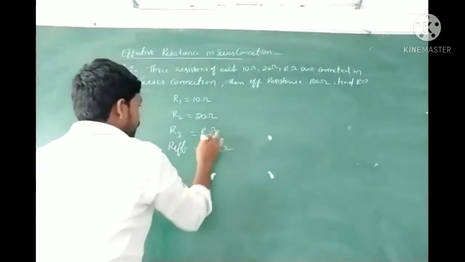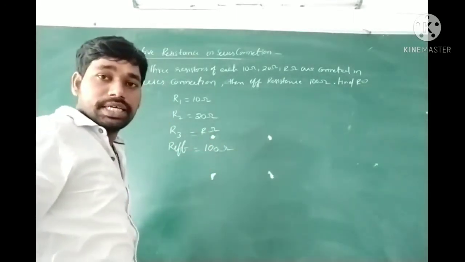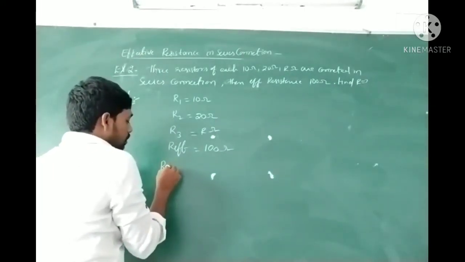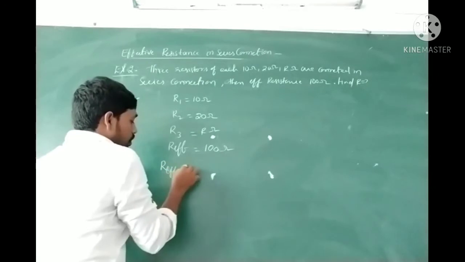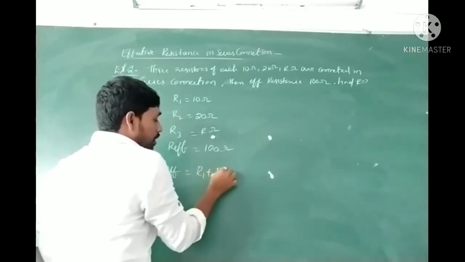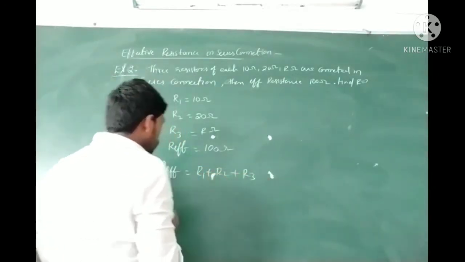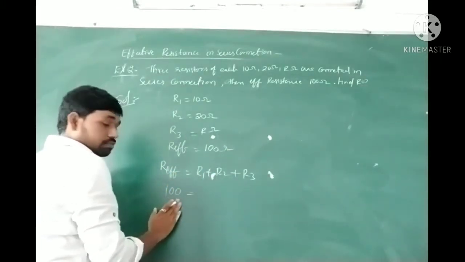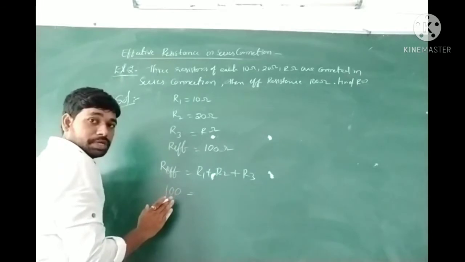So we want to find the value of R. We know the effective resistance formula, that is R effective is equal to R1 plus R2 plus R3. So R effective is known, that is 100 ohms. Don't write units while substituting, just write the numbers.